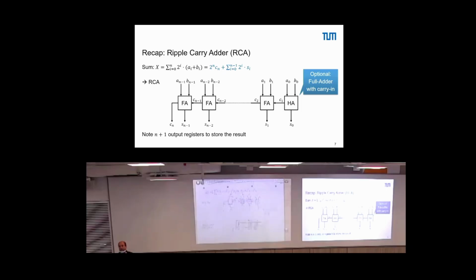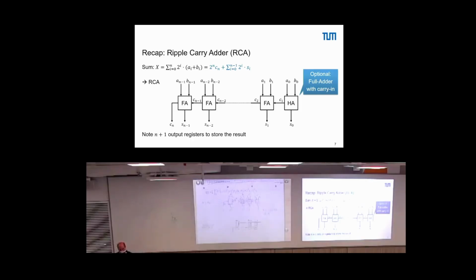You can also do this with a multiplexer: you have input signal B, you have input signal B inverse, and you switch: for 0, you add; for 1, you subtract. That's the same structure.